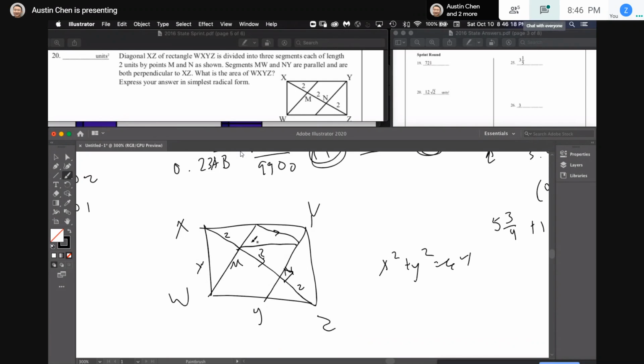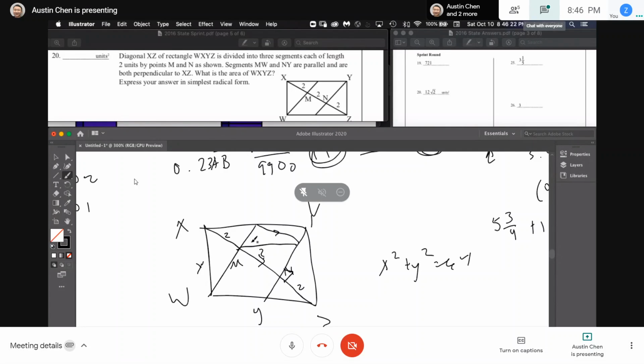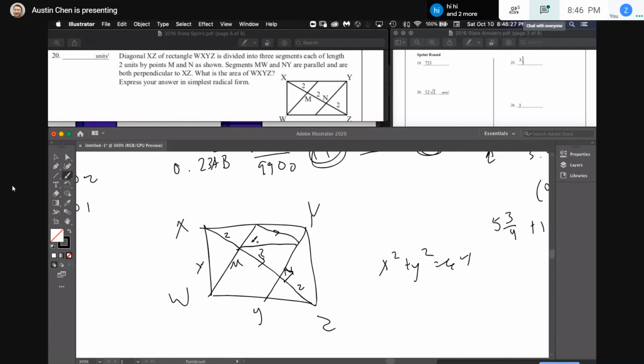Okay, so like you said, these angles will be congruent from these two parallel lines and this line, right? These two angles will be congruent as well.